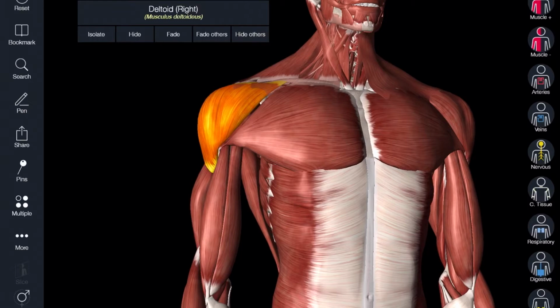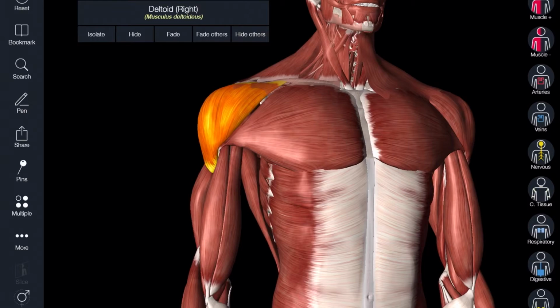So those are the three actions of the anterior fibers: shoulder flexion, shoulder horizontal adduction, which is also called shoulder horizontal flexion, and shoulder medial rotation.